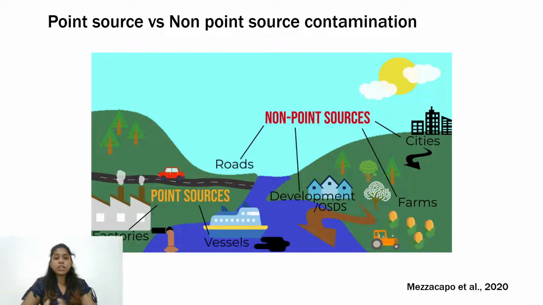But before that, the most important thing to identify is point source versus non-point source contamination. So this is a major problem in understanding how to remediate contaminated environment. This is mainly also important in cases of, let's say, metropolitan waste or waste generated from homes in cities and towns.